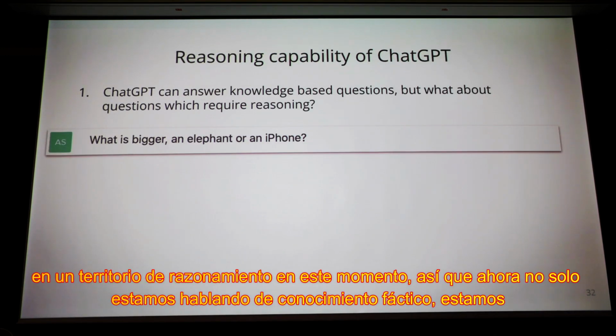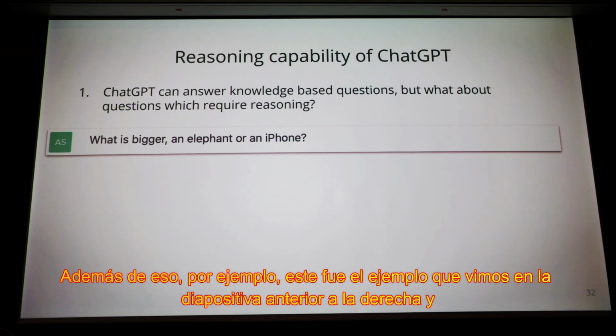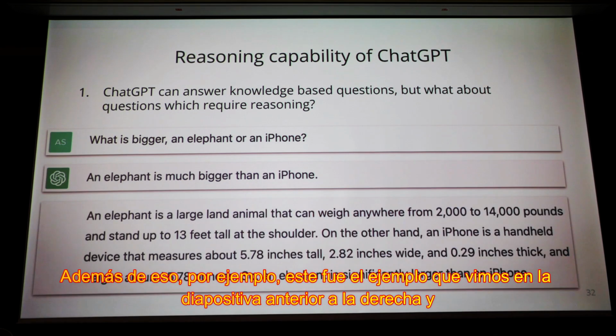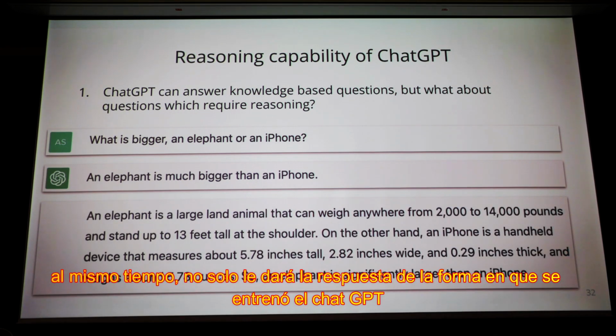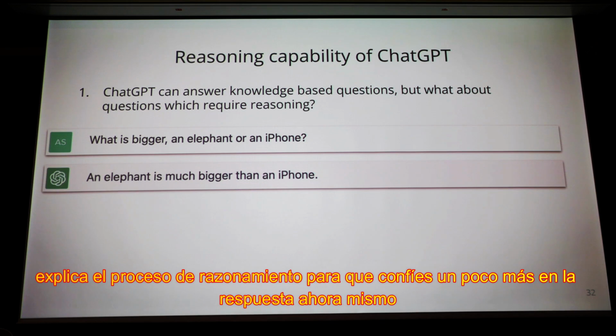So this gets us into reasoning territory, right? Now we're not only talking about factual knowledge, we're also talking about whether ChatGPT can use these facts of knowledge to actually reason on top of that. This was the example we saw on the previous slide, right? And not only is it going to give you the answer, the way ChatGPT was trained was to explain the reasoning process so that you trust the answer a little bit more, right?